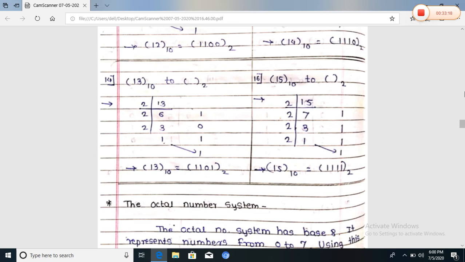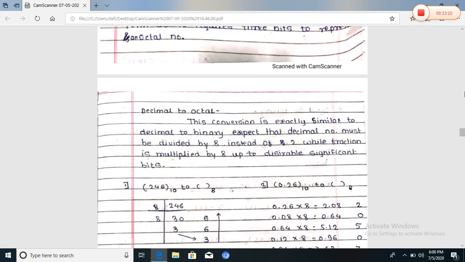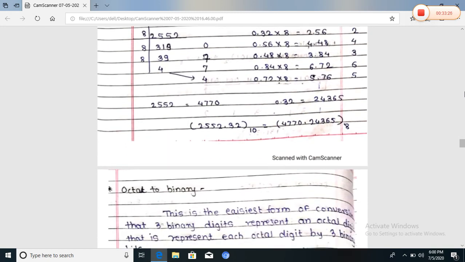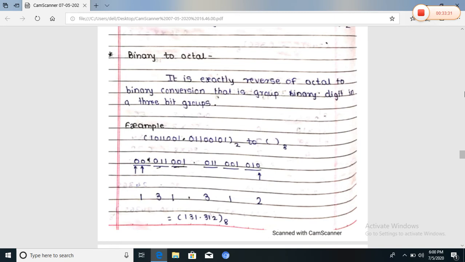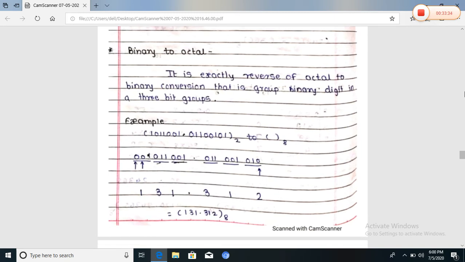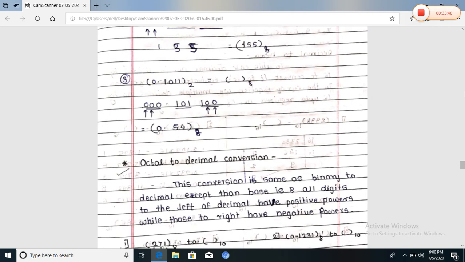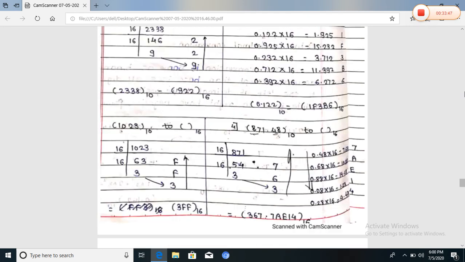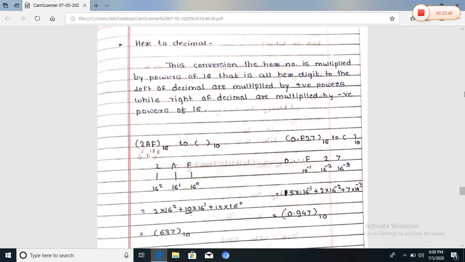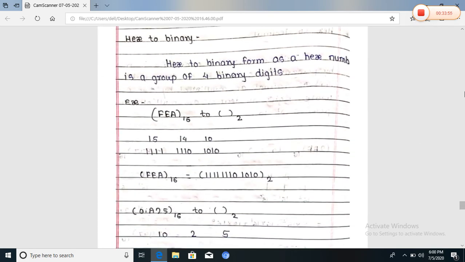You have to see the same for all numbers. In hexa to binary, each digit is represented by 4 binary digits. 15 is represented in binary as 1111, but in the hexa number system 15 is represented as F. So for F, E, A: F means 15, E means 14, A means 10.